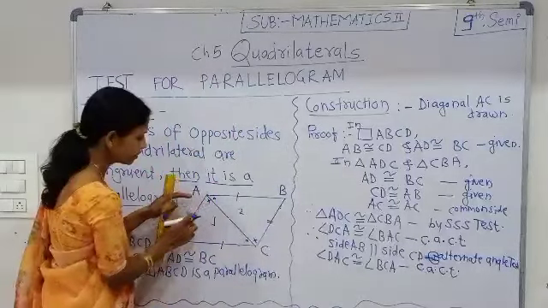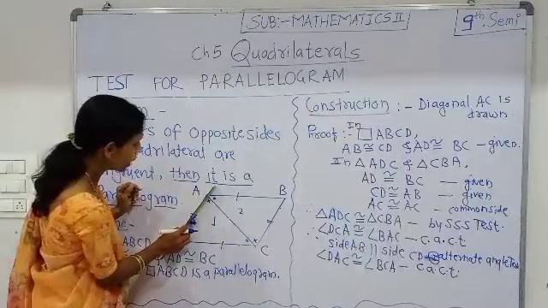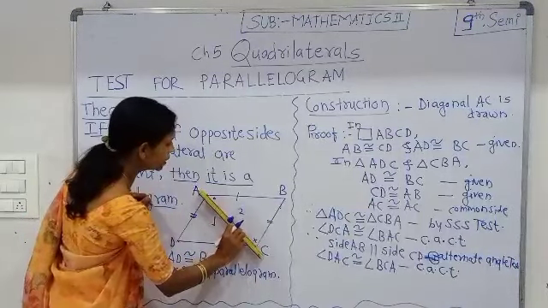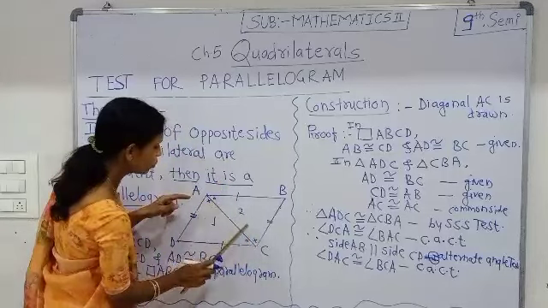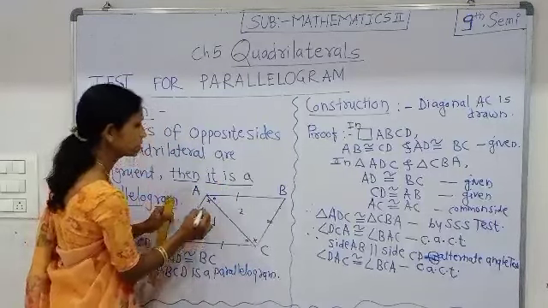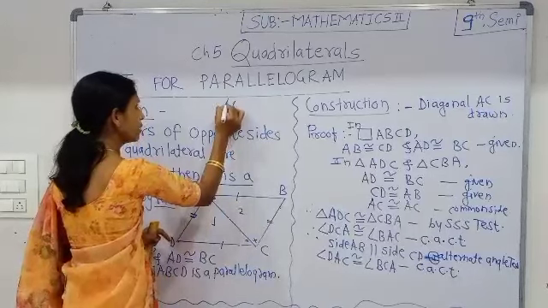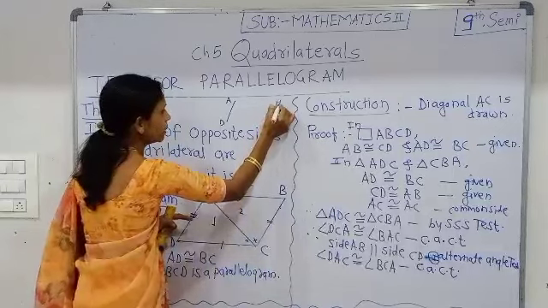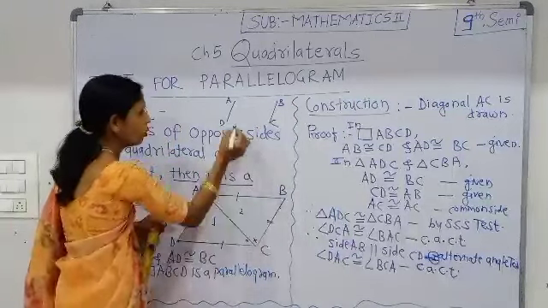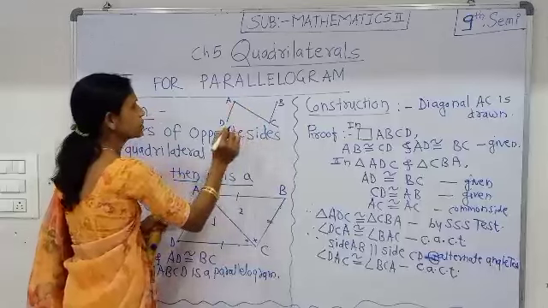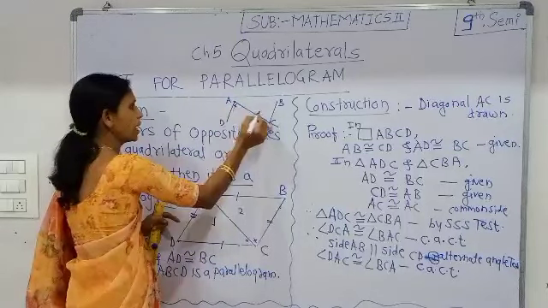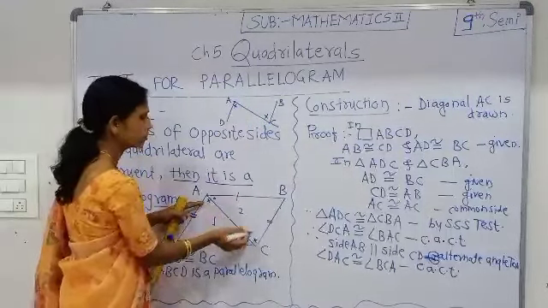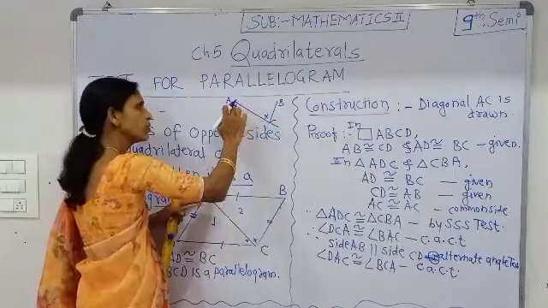Now consider those two lines, AD and BC sides, of which the transversal is AC, and those two angles are alternate angles. Those two angles are alternate angles as well as congruent.